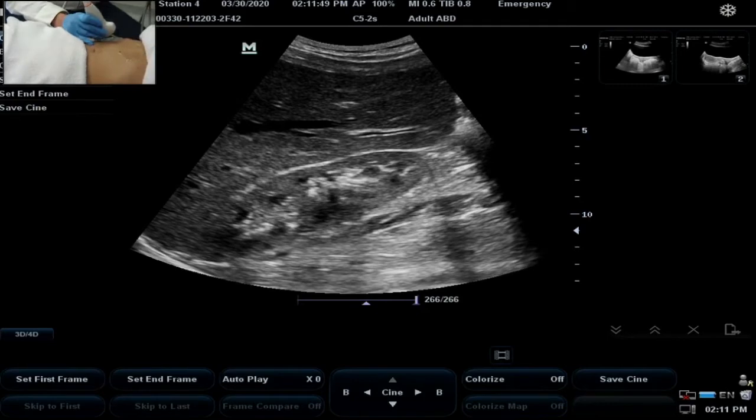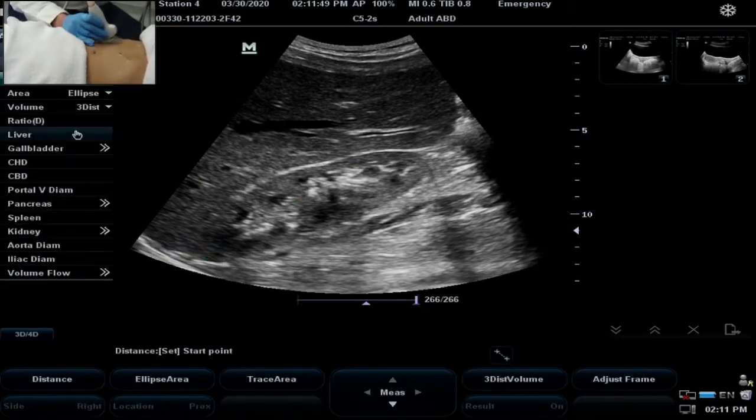And I'm going to measure the length of the liver, and I'm going to set my first caliper as inferiorly as possible, and I'm going to follow the kidney-liver interface, and I'm going to set my second caliper at the inside border of the diaphragm. And we would expect a normal liver to have a length of less than 17 centimeters, and our patient has a liver with a length of 16 centimeters, so that's quite normal.